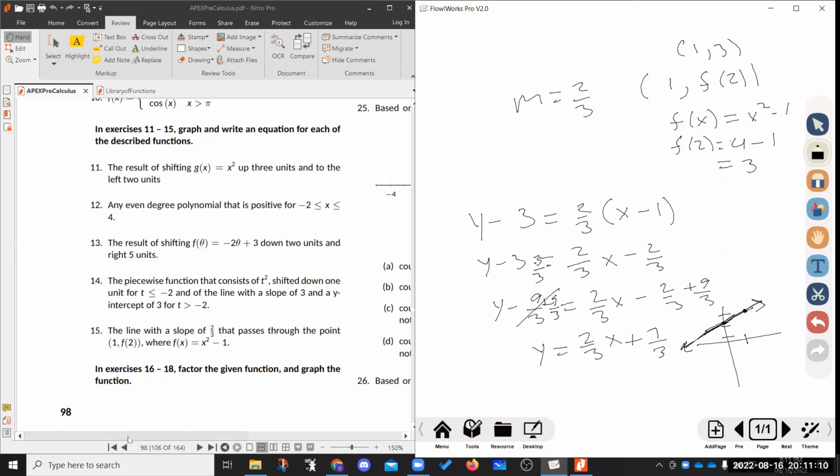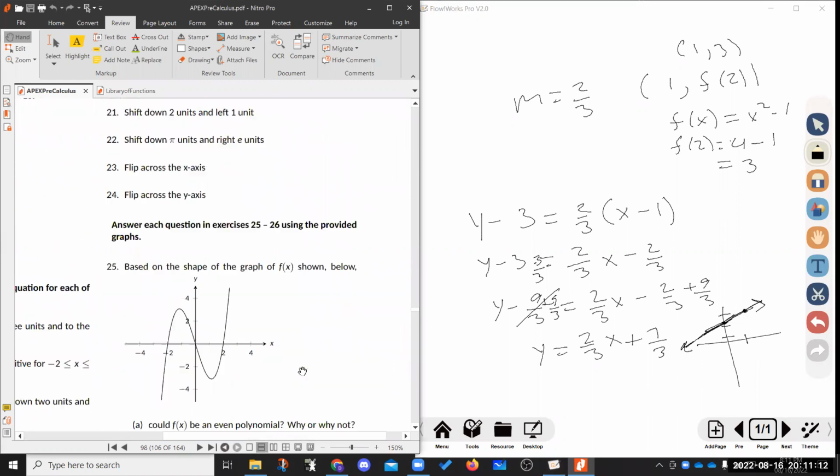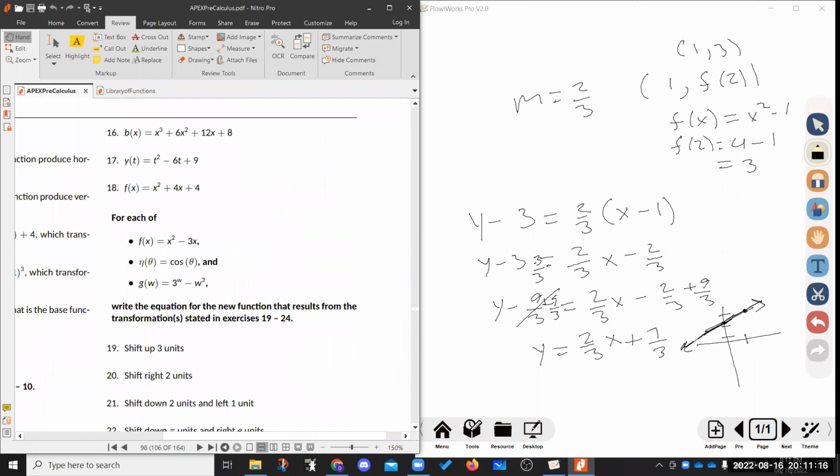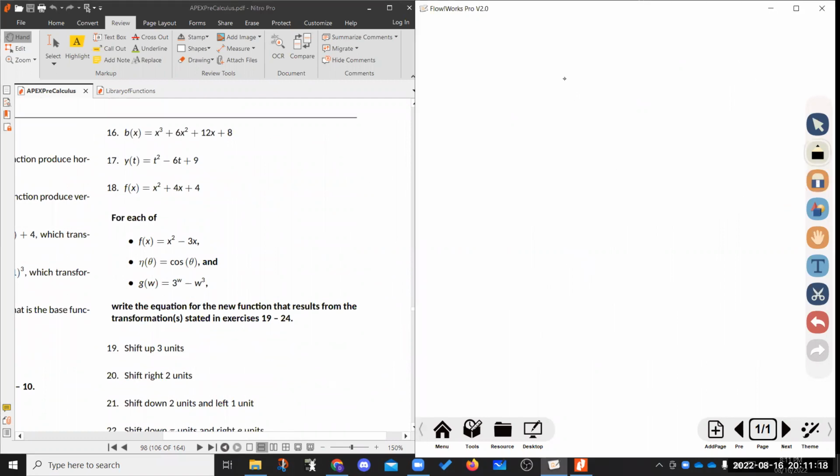Now we're going to look at number 16. Number 16 says b of x is equal to x to the 3rd plus 6x squared plus 12x plus 8. And we have not dealt with any parent graph that shows us what to do with that.